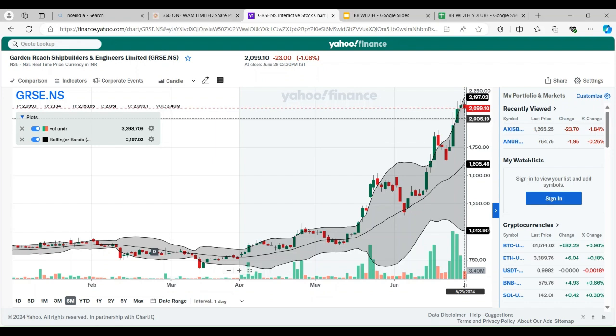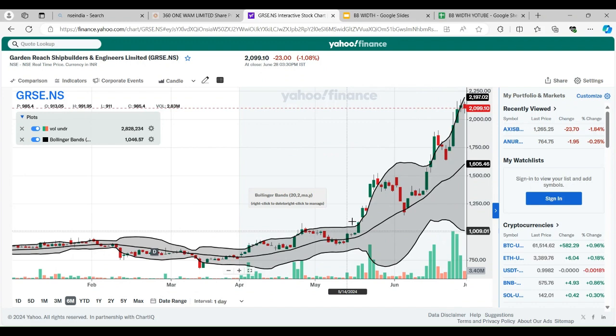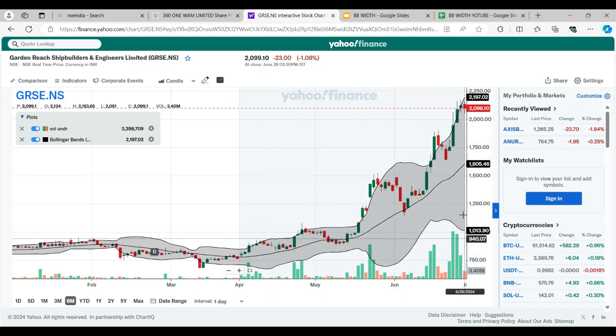Maybe you can do short selling during intraday. You can see an opportunity to short sell during intraday because from here it expanded so much.